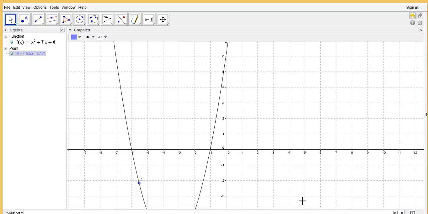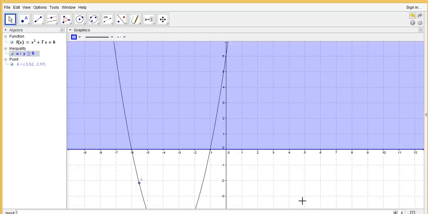So that's our y is greater than or equal to 0, which is actually going to put a nice inequality on our screen up here. So we can shade the region when y is greater than 0, meaning our positive outputs, and we can see the parts of our graph then that guarantee us positive outputs.